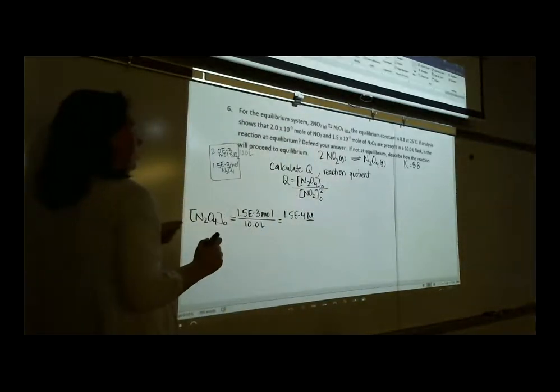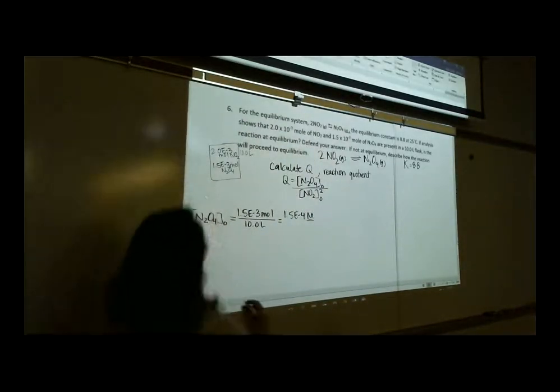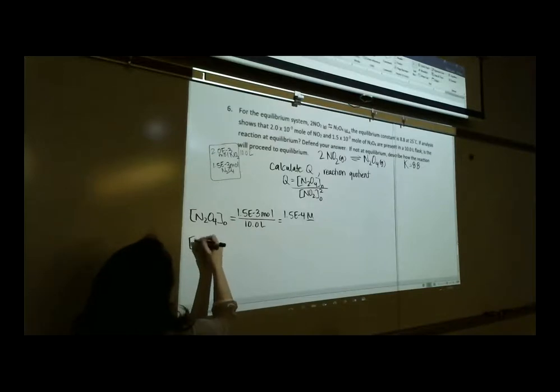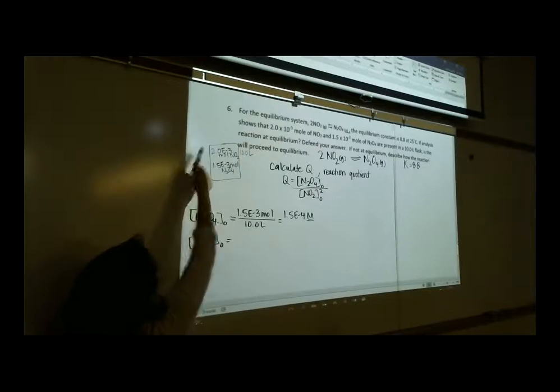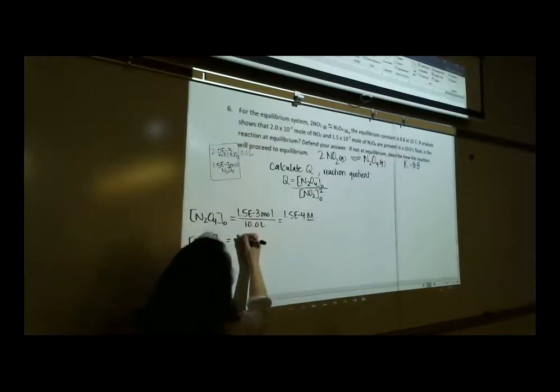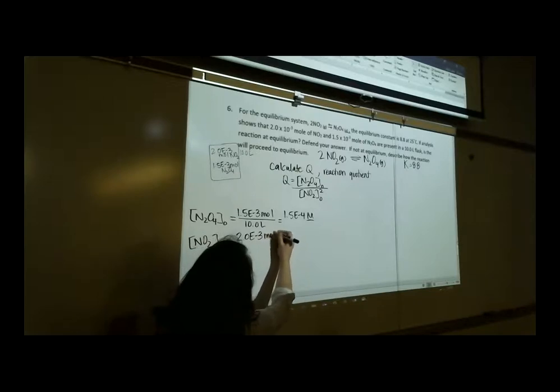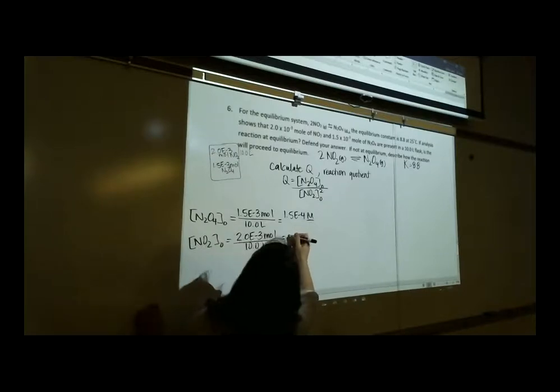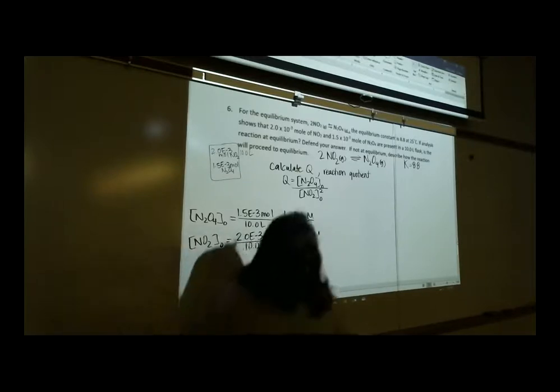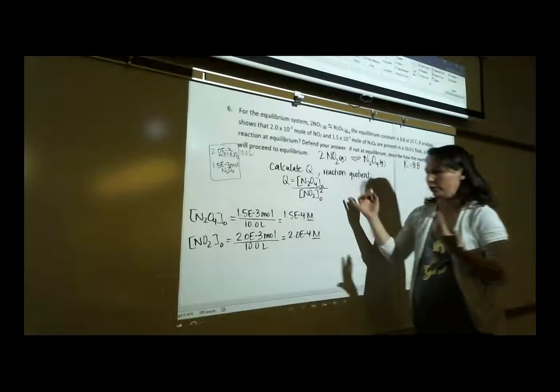And I need to know the initial concentration of NO2, which is also easily attainable. The problem tells me the number of moles and the volume. So 2.0 times 10 to the negative third moles divided by 10 liters gives me 2.0 times 10 to the negative fourth molar. Now, do I have everything I need in order to calculate Q?